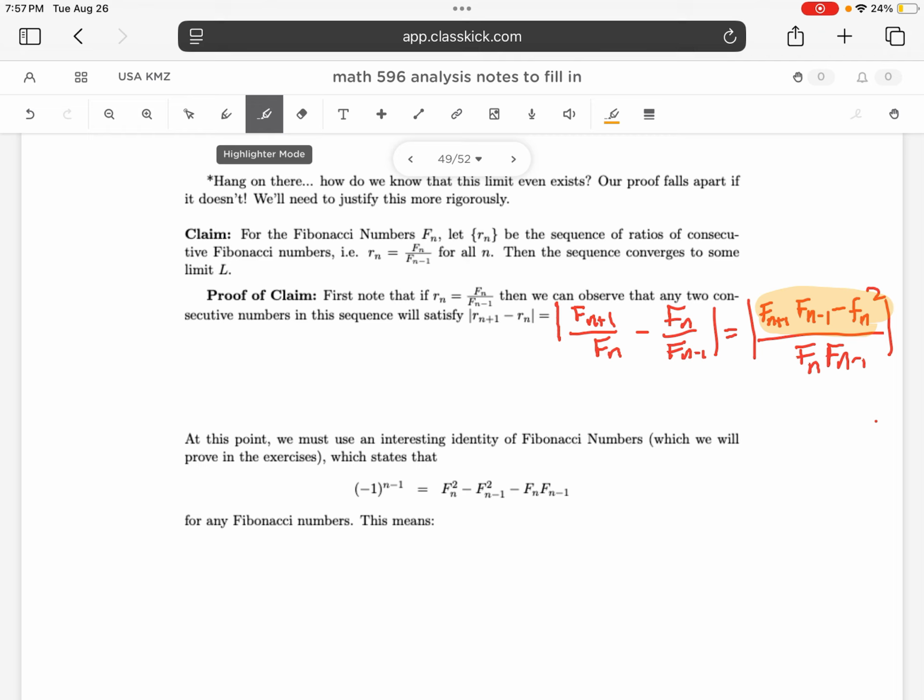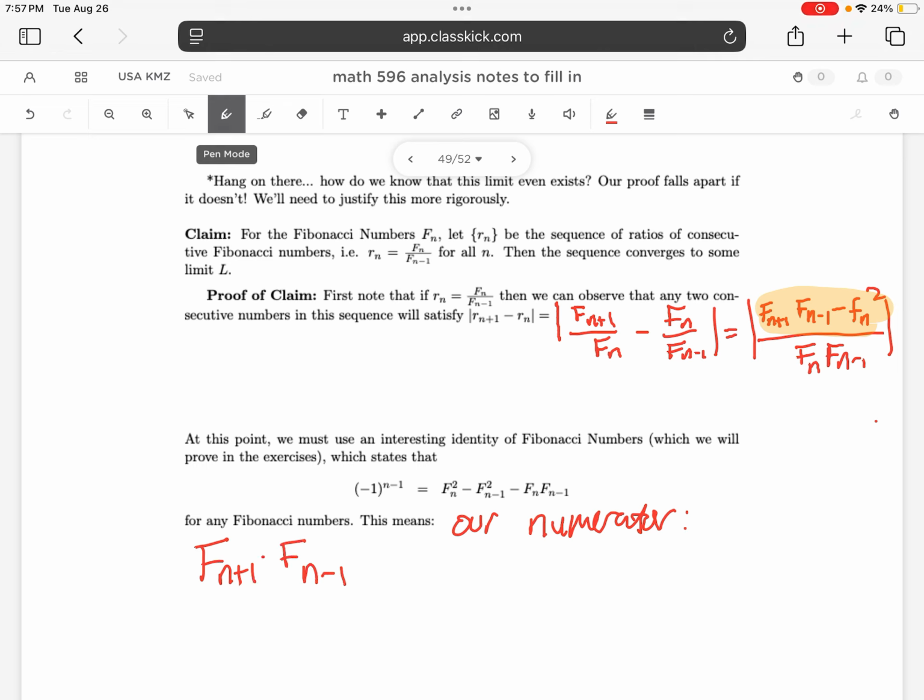Okay, so how do we do that? Well, let's look at our numerator, which is f_{n+1} times f_{n-1} minus f_n squared. We're going to be able to apply that identity, assuming that it's true for now, to simplify this as (-1)^n.